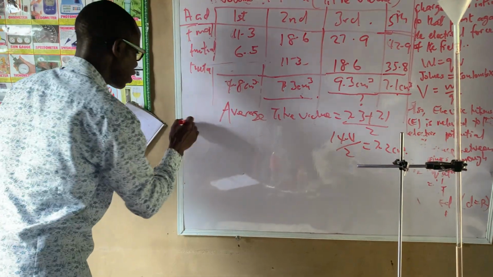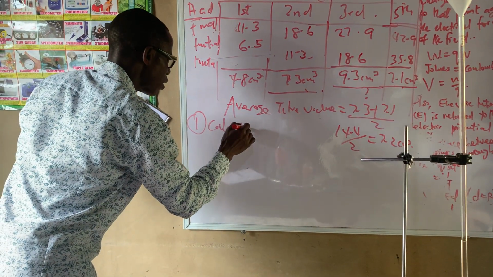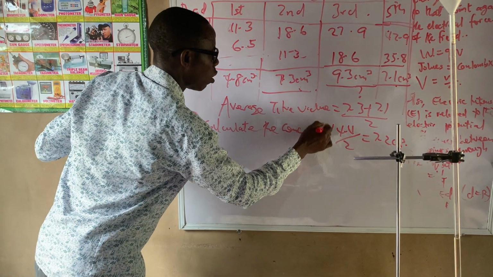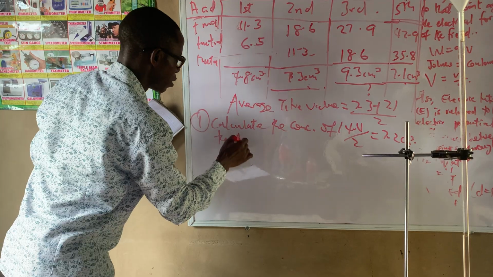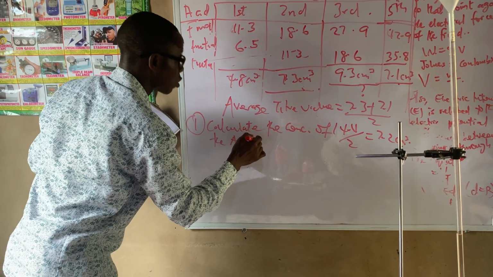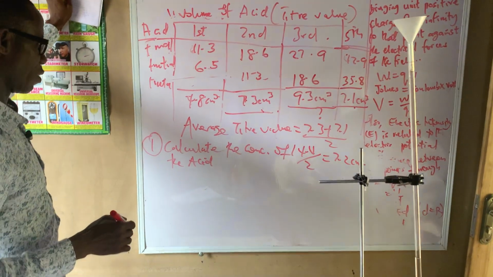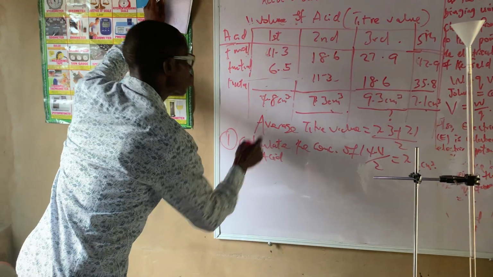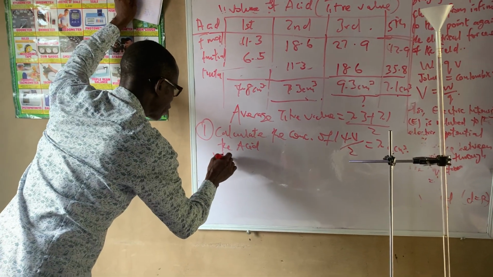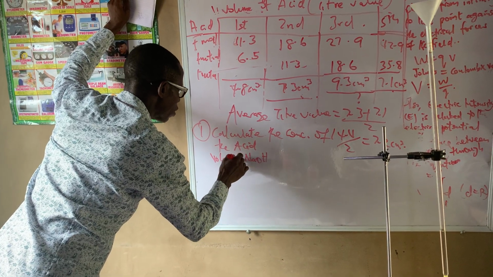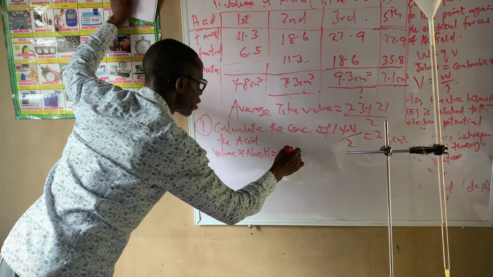Now, the question one says, calculate the concentration of the acid, which is your dilute hydrochloric acid. Having known the volume of sodium hydroxide, what's your volume of sodium hydroxide? 25 centimeter cube.